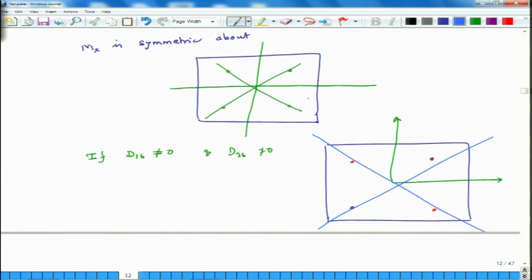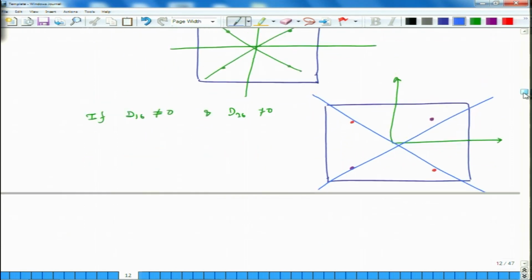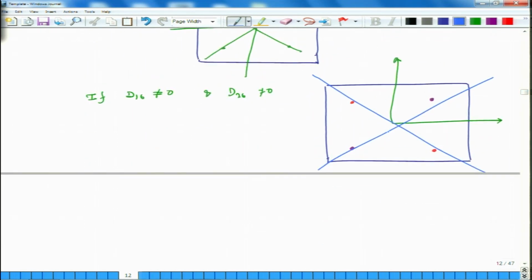In the earlier case we had more planes of symmetry, but here we have planes of symmetry only along the diagonals. There we had them along the diagonals as well as along the lines which cut through the middle of the plate on both sides. Okay. So this is something very important to understand, and because of this the plate also starts twisting, the plate starts developing twist curvature because the moments are not symmetrically distributed around the origin.